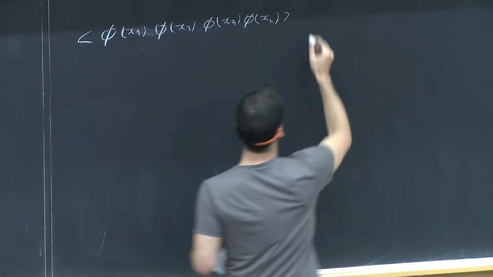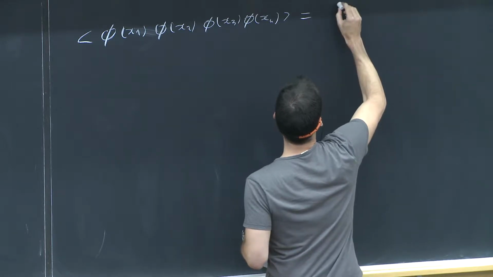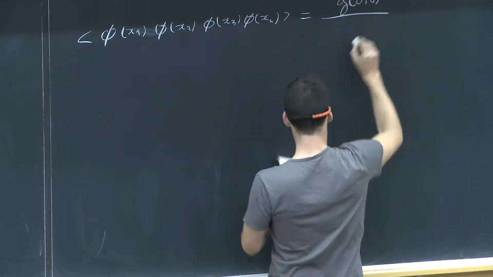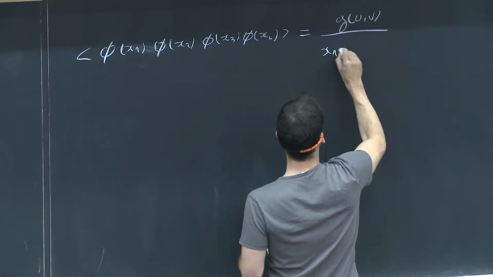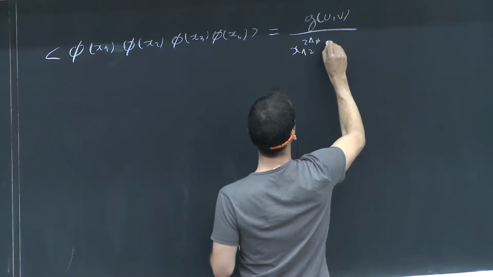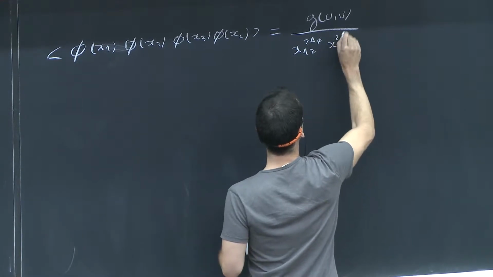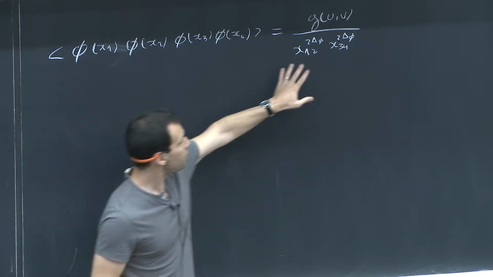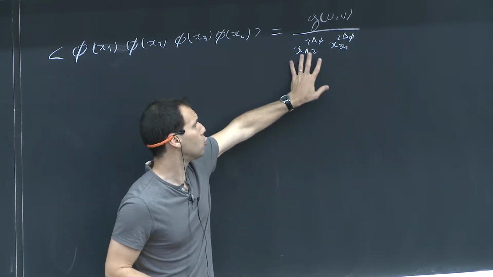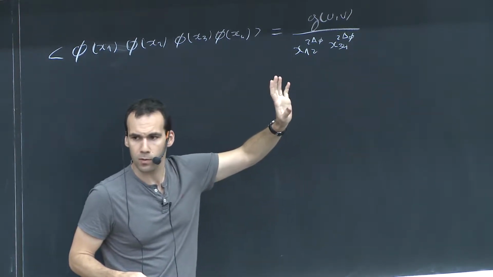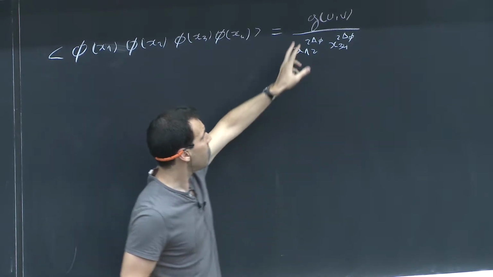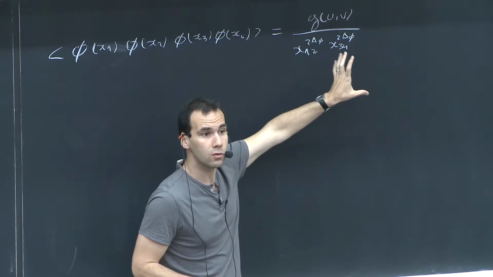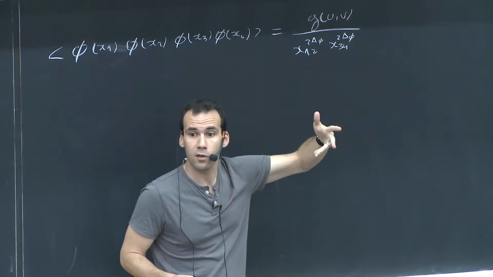So as you learned in Chris's lectures, you can write this in terms of some unknown function, right? So there's some prefactor, which in this case we can choose to be this. I mean, nothing forces you to do it this way, but this is one choice you can do. And then there's a function of 2 independent conformal cross ratios, which are quantities which are invariant under conformal transformations.